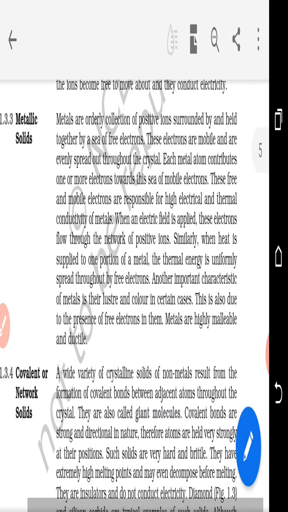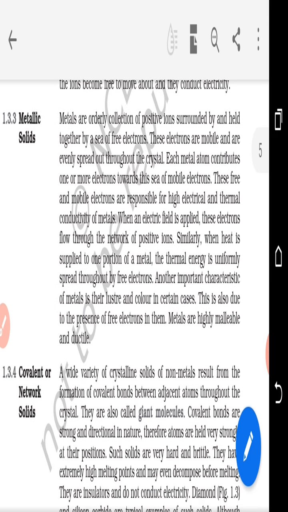The third type of solids are metallic solids, and these types of solids are formed by the metals. In such solids, the positive ions are surrounded by and held by a sea of free electrons. These electrons are mobile and hence evenly spread out throughout the crystal.